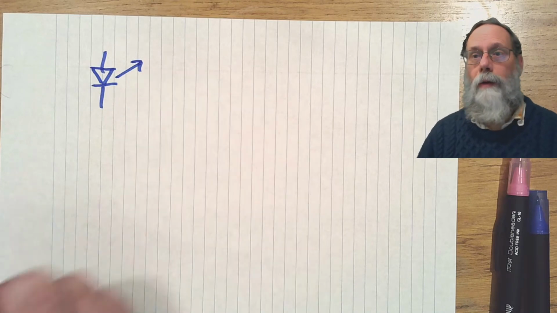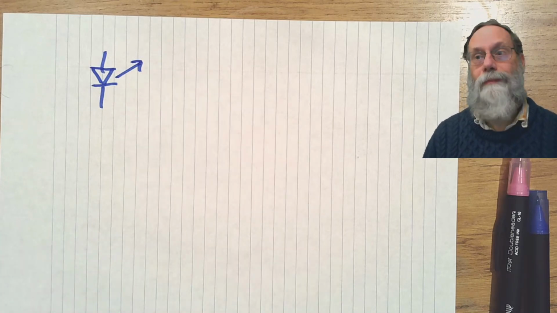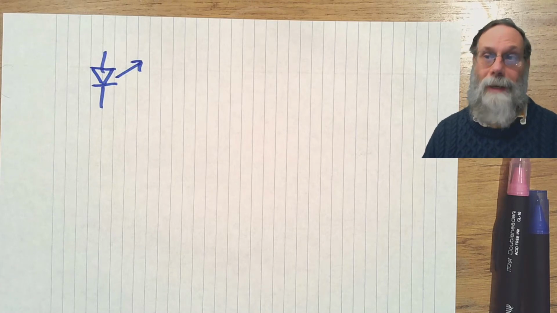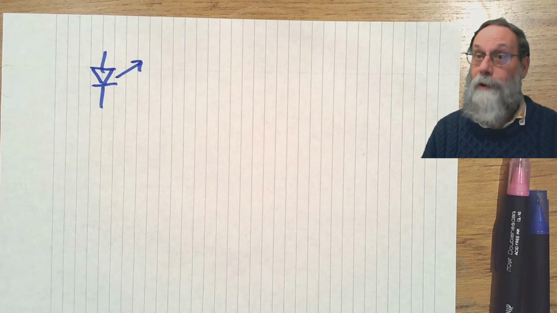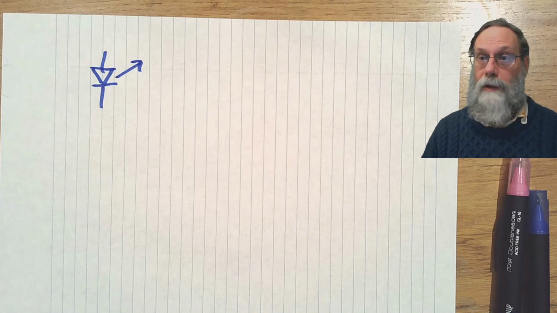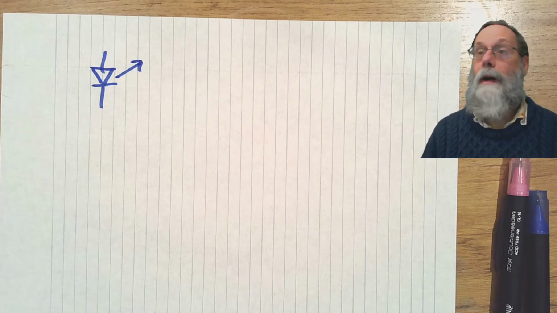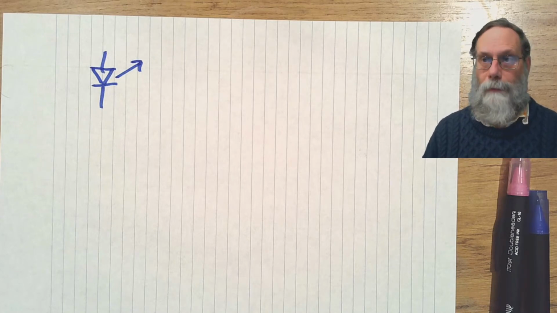Now, the way light-emitting diodes work requires quantum mechanics to really understand, but basically what happens is when an electron and a hole meet, the electron falls into the hole and releases energy, and the energy it releases is the amount of the band gap of the semiconductor.